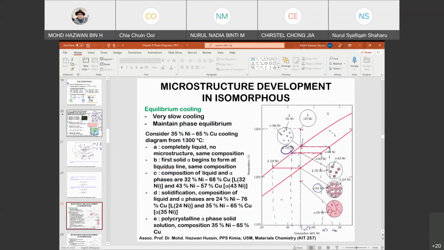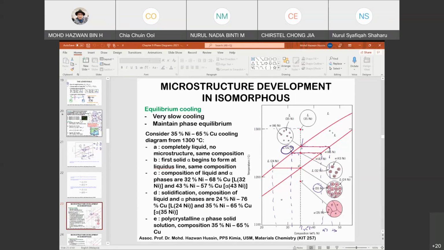The first one that we have is equilibrium cooling. The one that I told you before is that when we produce an alloy, it is possible for that alloy to exist as either equilibrium alloys or non-equilibrium alloys. This is with respect to the cooling process.